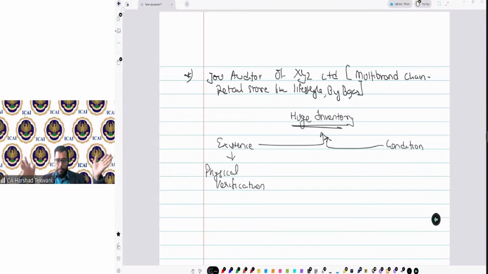Let's say in Big Bazaar, a kind of store where there are a lot of food items. Now, how will you check the condition of the inventory? Multiple stores across India containing multiple food items. How will you check the condition of inventory?